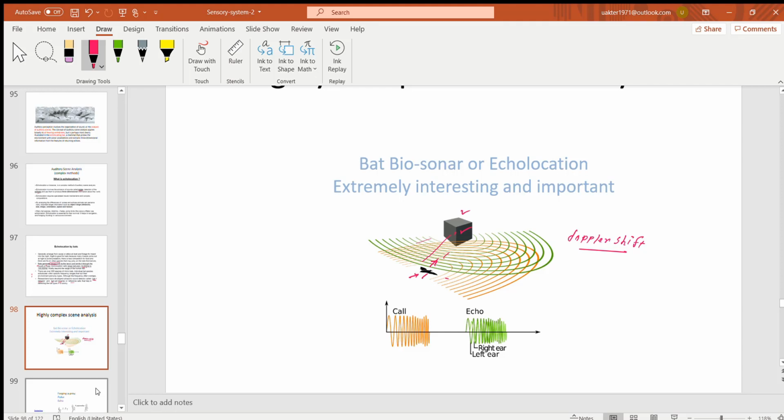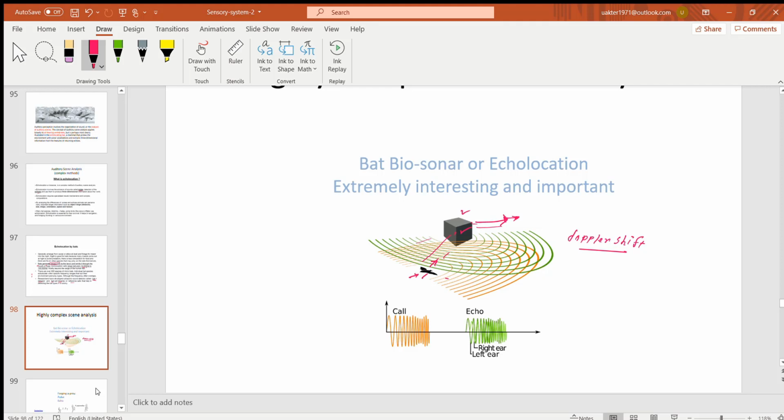If you go away from the object, expansion occurs. That means you send the pulse, and when the echo arrives, you already are away from the previous position. So the frequency decreases, the sound wave's length increases.